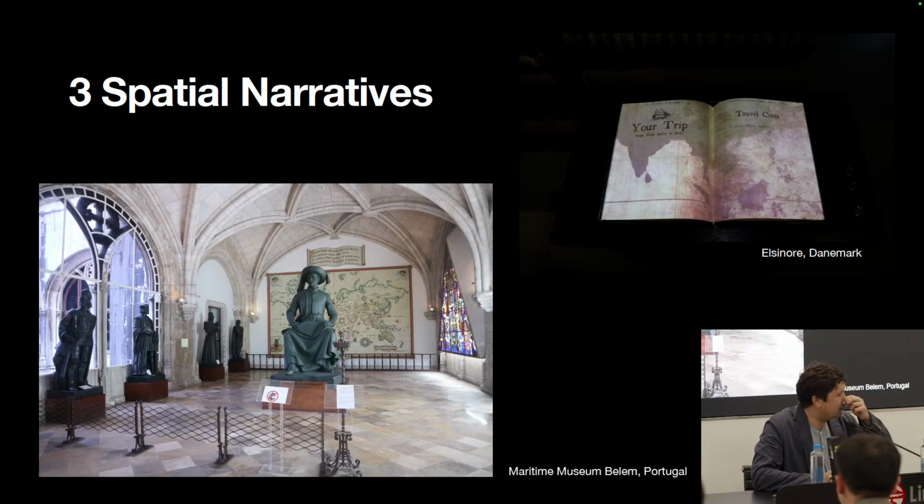I'm going to put in parallel two different exhibitions. And it's not actually the one here in the Maritime Museum in Belém in Portugal, but you'll see the link in a second. This is when you go to the Maritime Museum in Belém, if you get a chance. Belém is a place where the Portuguese ships used to depart.